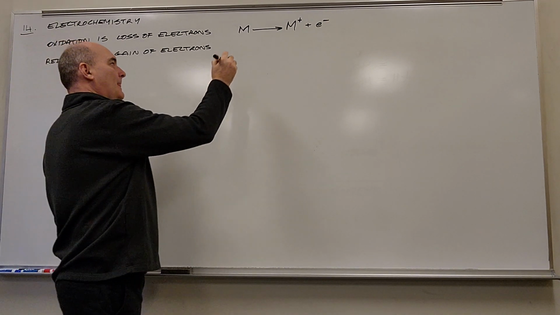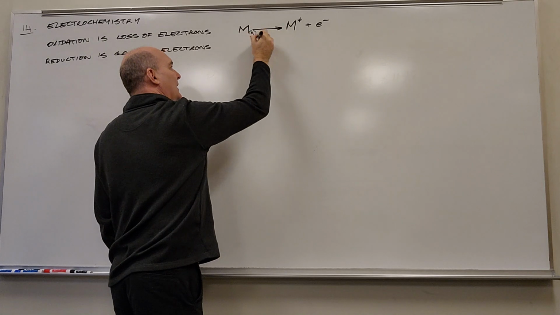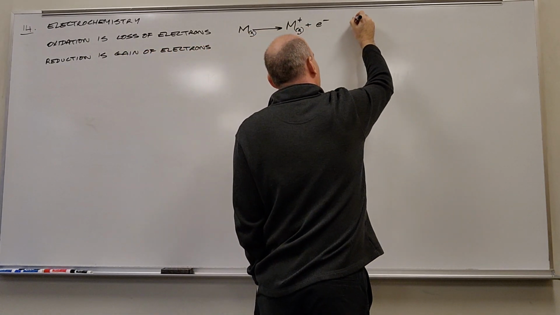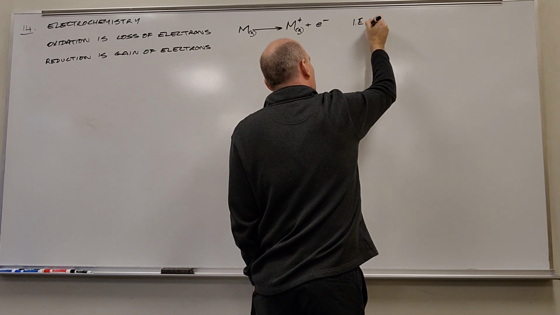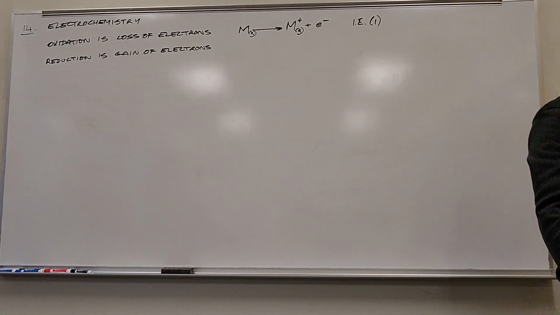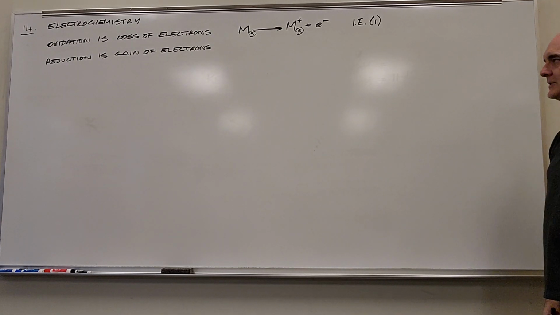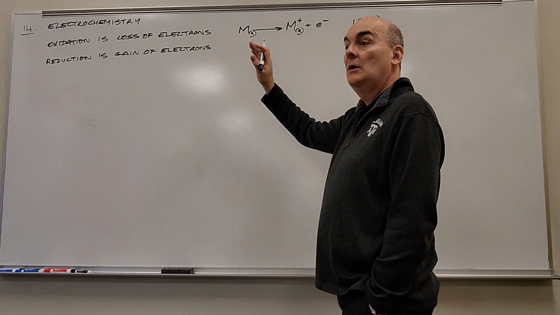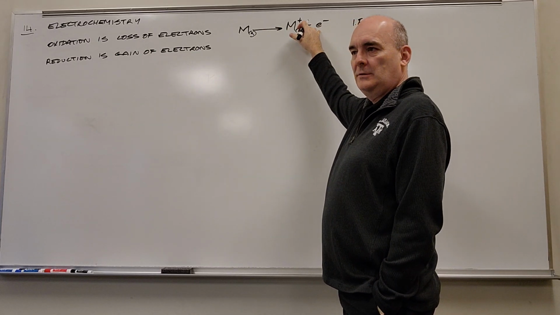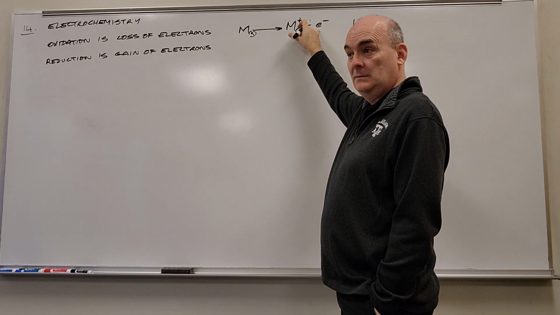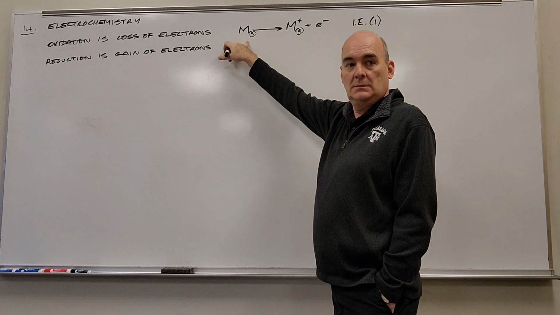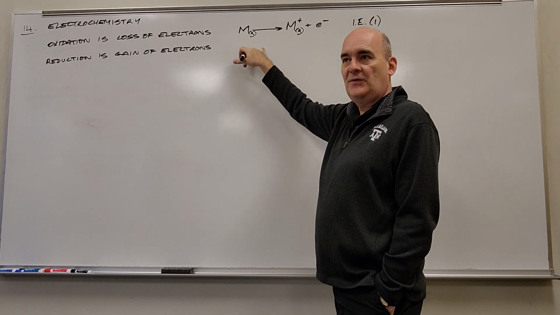But if that's in the gas phase, and that's in the gas phase, that's called the ionization energy. The ionization energy is the energy required to remove an electron to infinity from a metal in the gas phase.